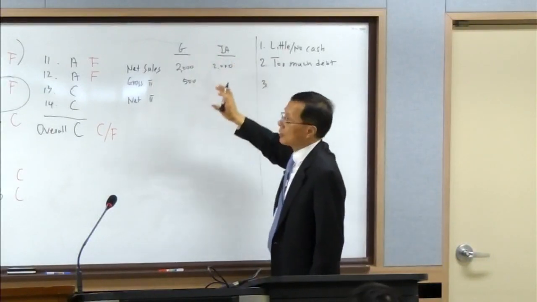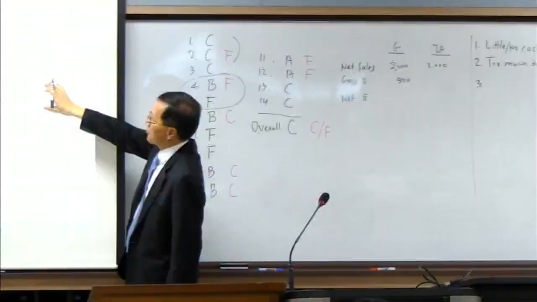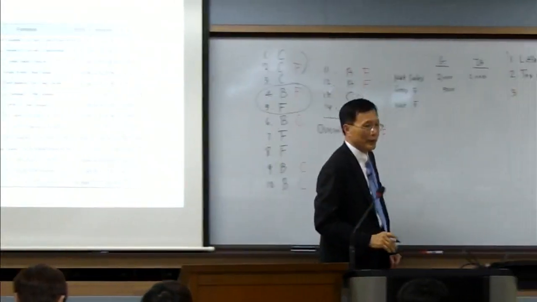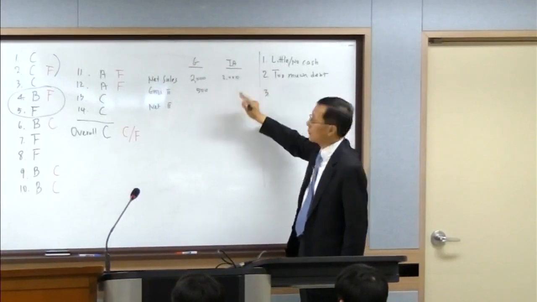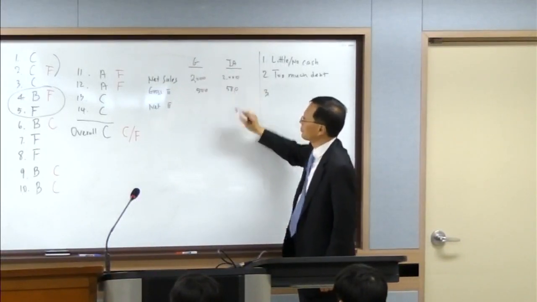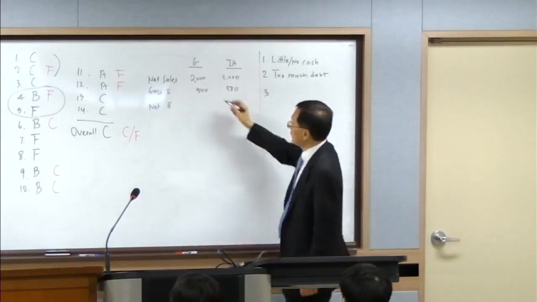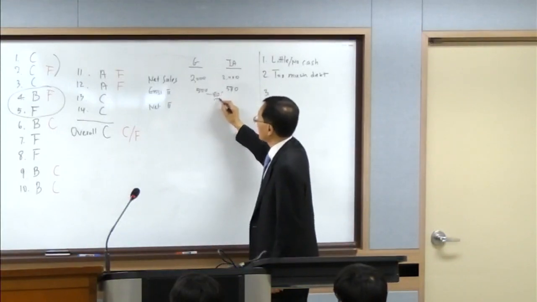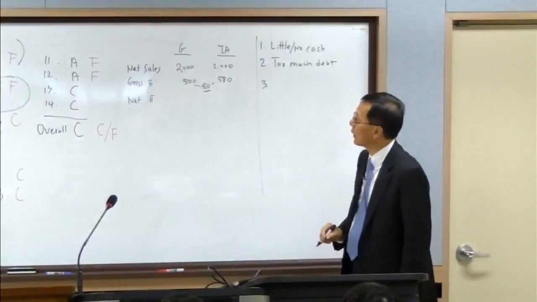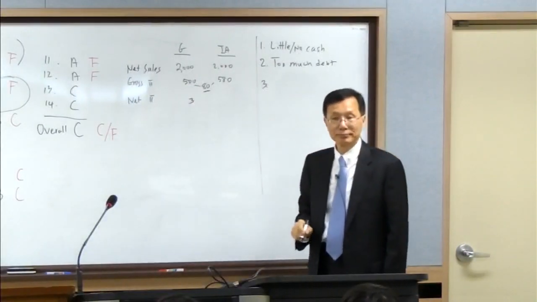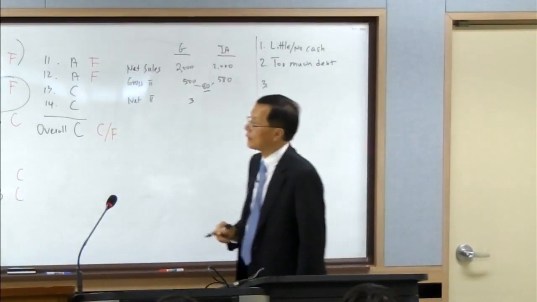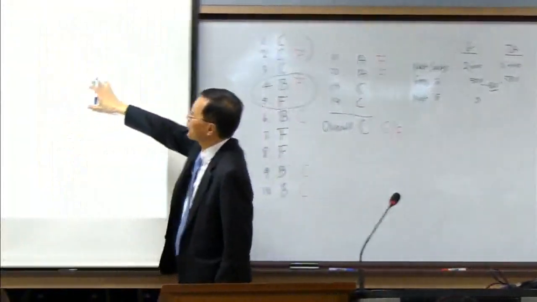Industry average profit margin is 29%. So 2,000 times 29% is 580. The difference between the two is 80, right? Net profit before tax is 3. Industry average is 4.1.